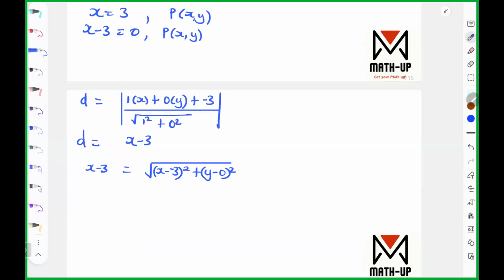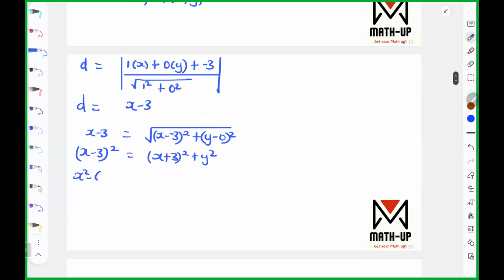If I square both sides, I'll have x minus 3 squared equal to x plus 3 squared plus y squared. Then when I expand that, I'll have x squared minus 6x plus 9 being equal to x squared plus 6x plus 9 plus y squared.